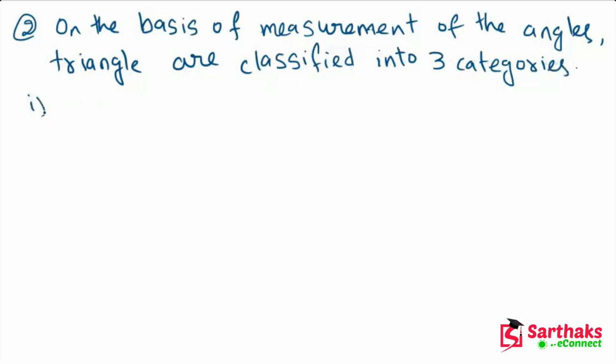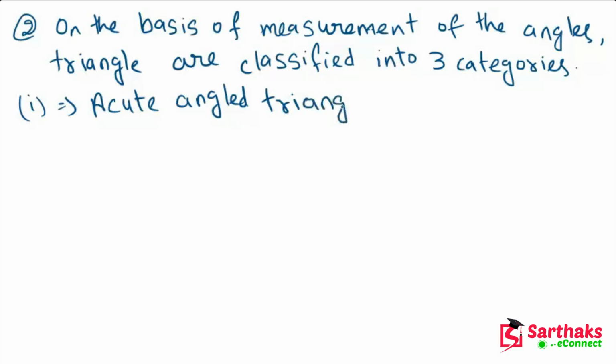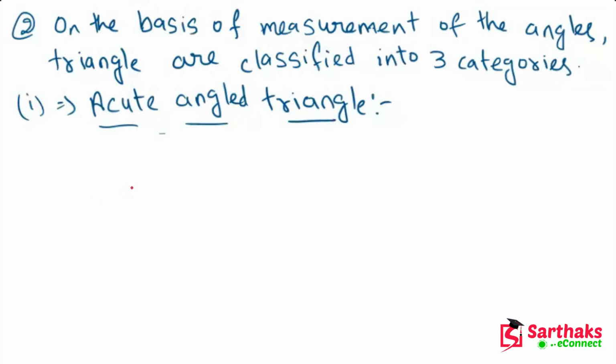First is the acute angle triangle. Okay, so what is an acute angle triangle? Acute angle triangles are those triangles in which all the angles are less than 90 degrees.